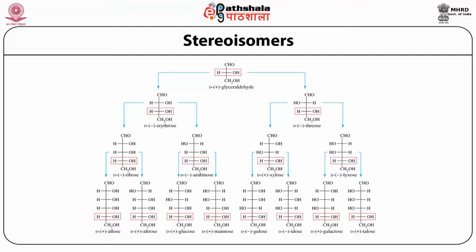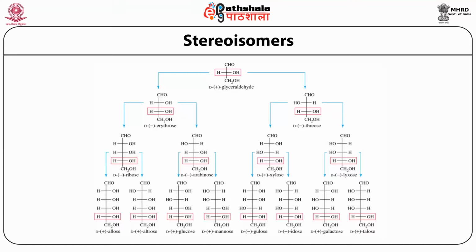So in figure 3, we can see there are 8 stereoisomers in D series, which are D-allose, D-altrose, D-glucose, D-mannose, D-gulose, D-idose, D-galactose and D-talose, and 8 in L series.